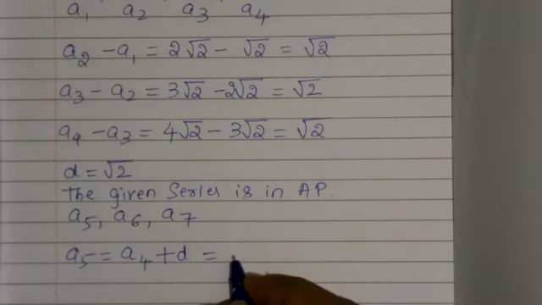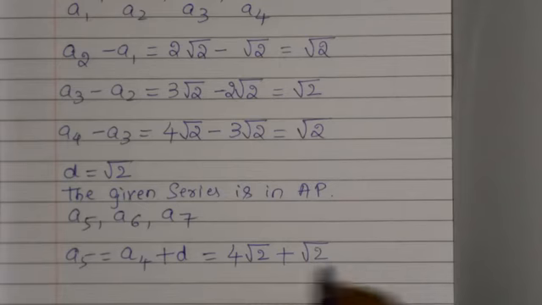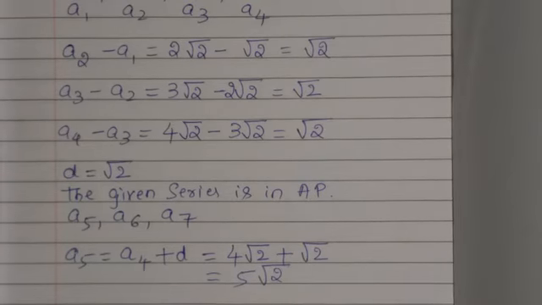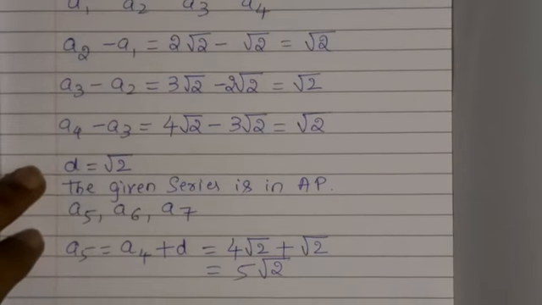So here A4 is 4 root 2 plus D, which is root 2. 4 root 2 plus root 2 will be 5 root 2. So here A5 is 5 root 2.